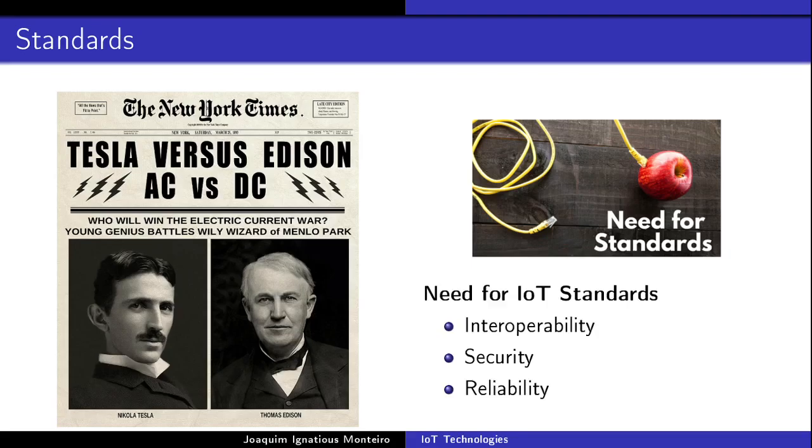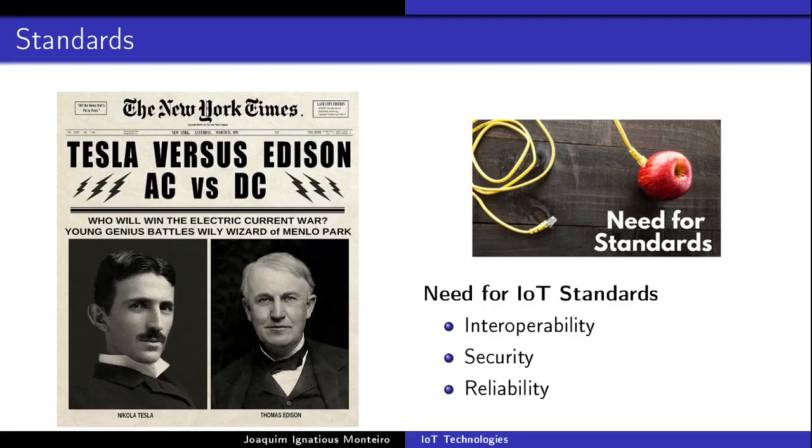Okay, we need standards for these three key reasons. There may be several other reasons. We could talk a lot about standards, but these three key reasons are why we need standards for IoT. You can't just plug a network cable straight into an Apple and expect it to be connected to the internet. You need to clearly define how, so that the equipment made by different manufacturers is interoperable.